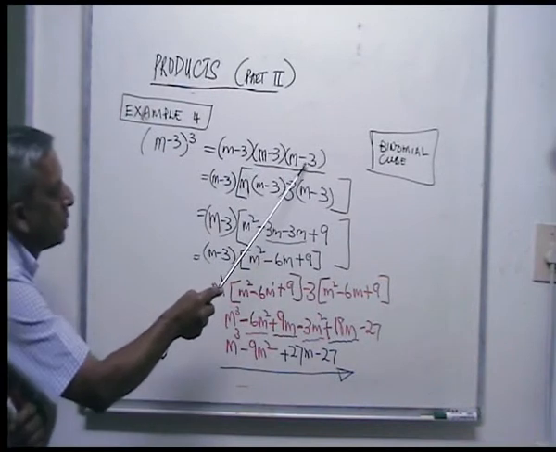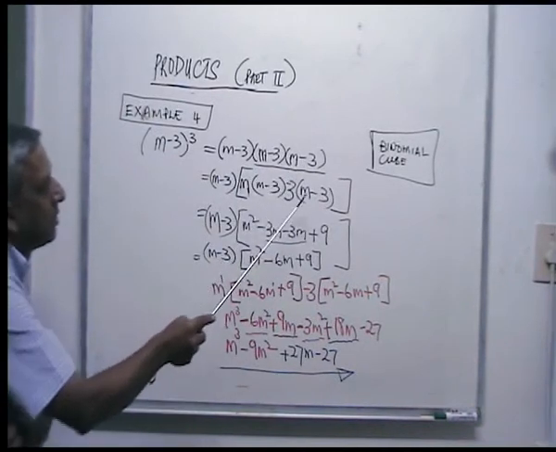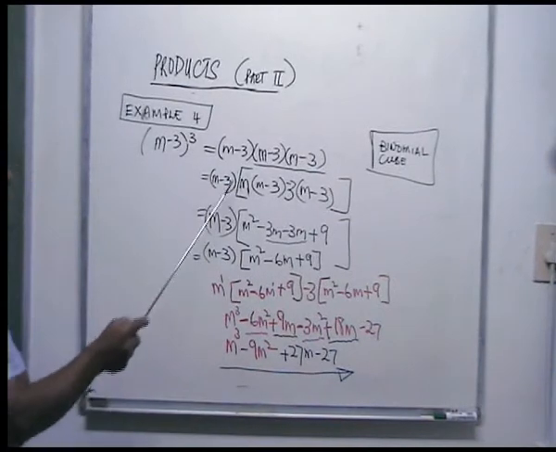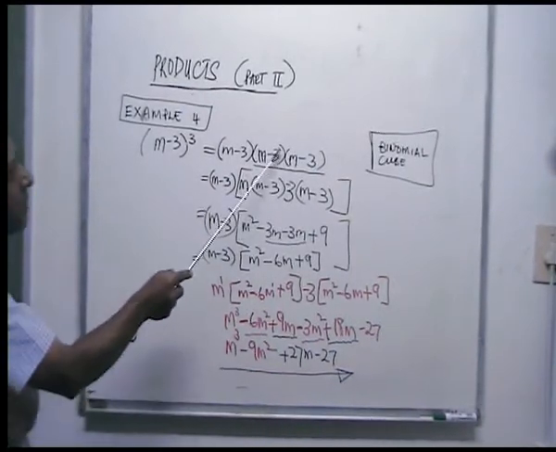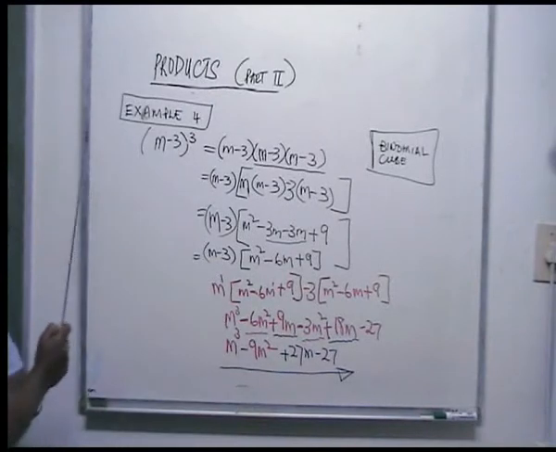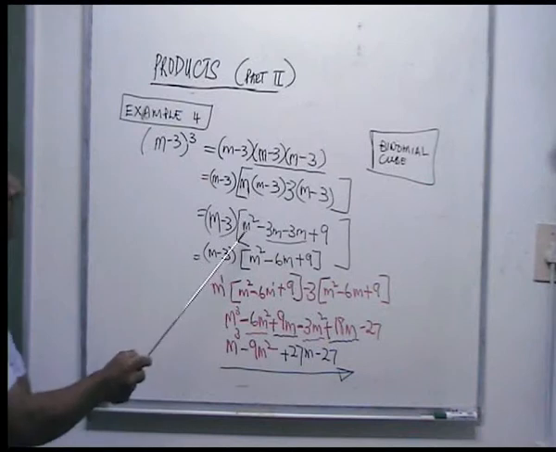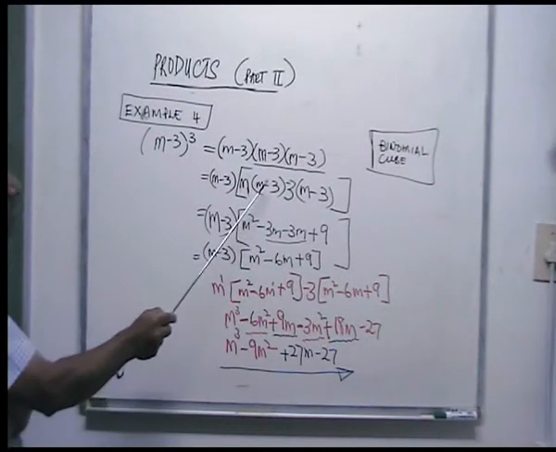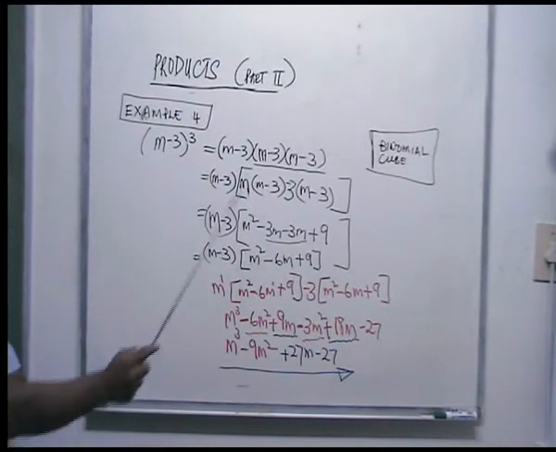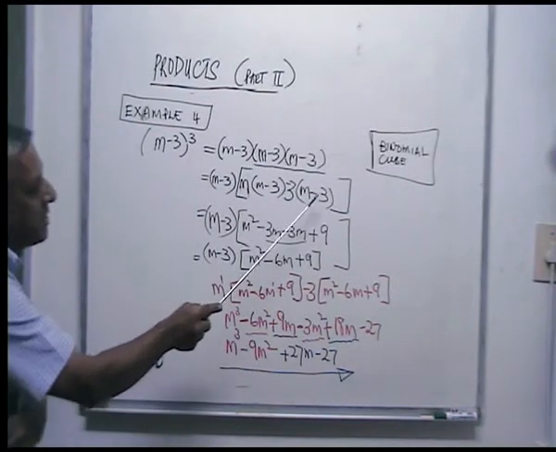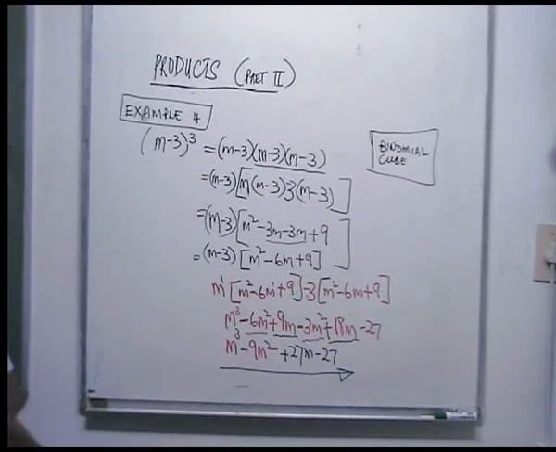So if I'm multiplying those 2, you write the second one 2 times. Right? And then you write m here and then you write minus 3 here. Then you just bring this down again. Then m times m, m squared. M times minus 3, minus 3m. Minus 3 times m, minus 3m. Minus 3 times minus 3, plus 9.